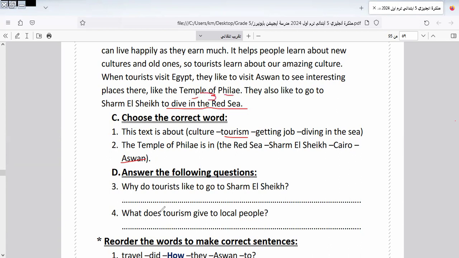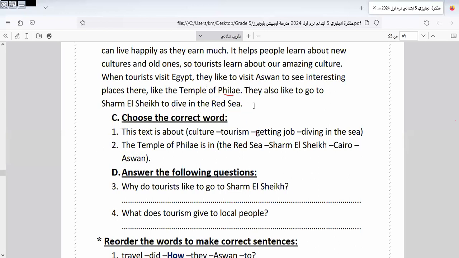Let's continue. What does tourism give to local people? I will find it here in this part.